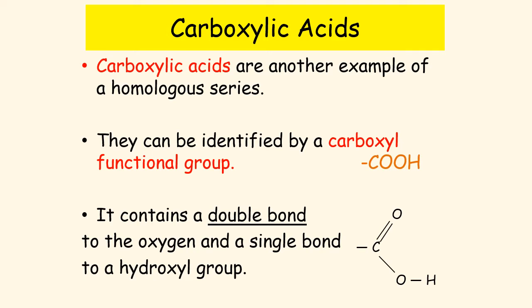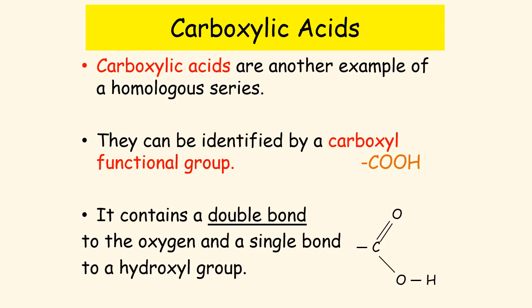But if we were to draw it in a structural formula, it is a carbon atom that has a double bond to an oxygen and a single bond to a hydroxyl group. So carbon has one double bond to an oxygen, then a single bond to an oxygen, and that is bonded to a hydrogen.